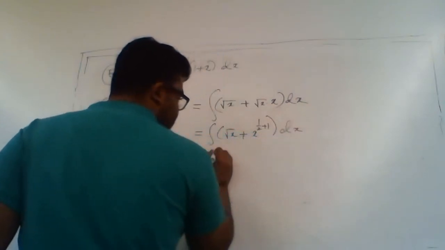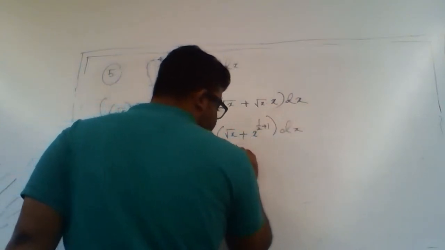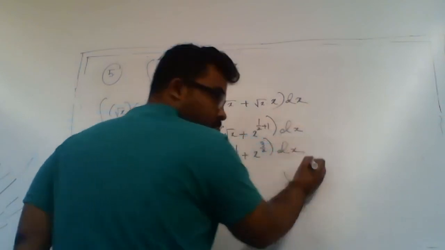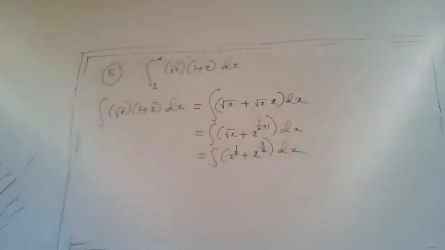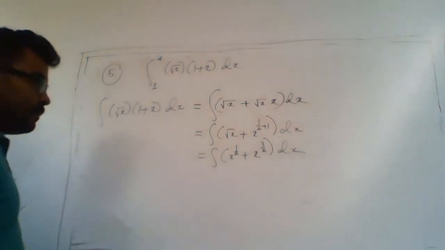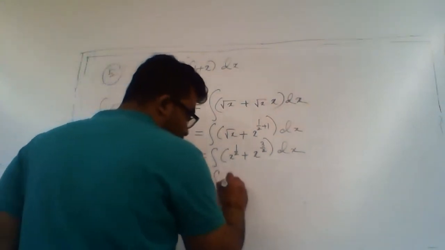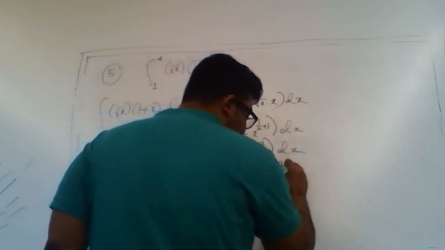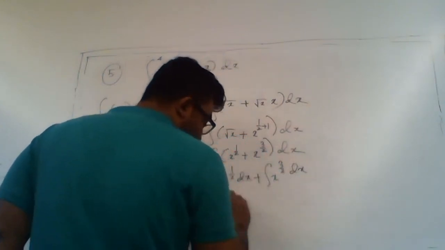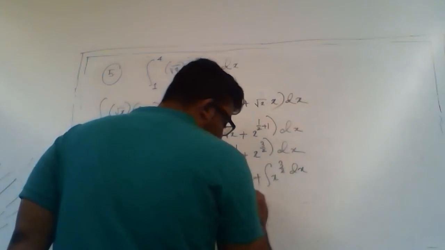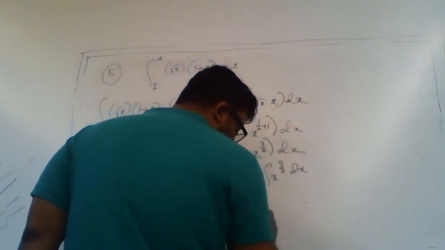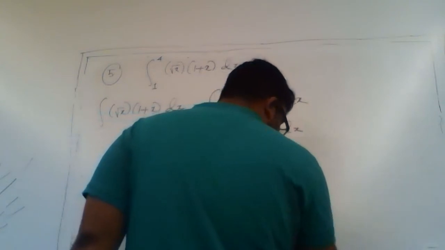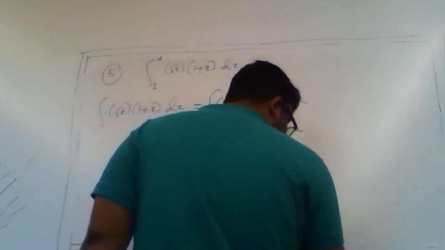This is x to the power half plus x to the power 3 over 2 dx. If you split it, you get x to the power half dx plus x to the power 3 over 2 dx, x to the power half plus 1 by half plus 1, plus x to the power 3 over 2 plus 1 by 3 over 2 plus 1, plus c.